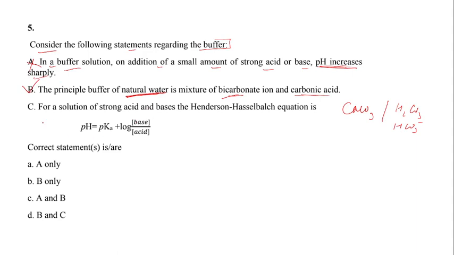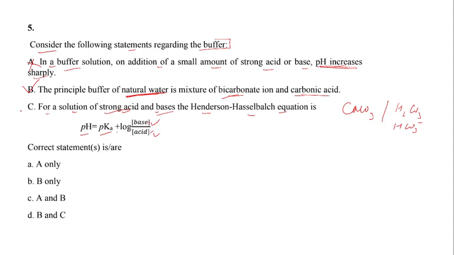Then statement C. For a solution of a strong acid and base, the Henderson-Hasselbalch equation is pH equals pK plus log base upon acid. Okay, so it is strong acid and base, so base will be on the product side and it will be acid.